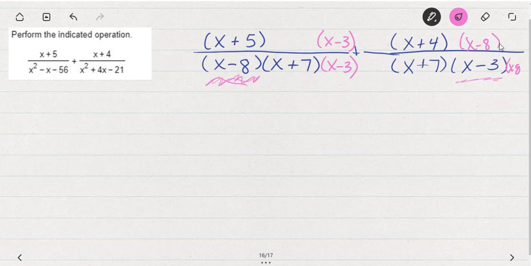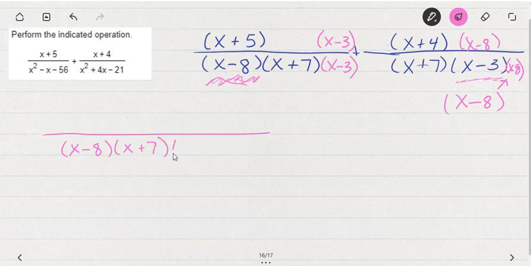I apologize that that is getting a little tight, so it might be difficult to read, but that is x minus 8. Now we're all ready to go with multiplying. Our denominator is x minus 8, x plus 7, x minus 3.